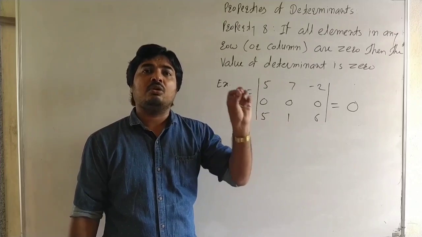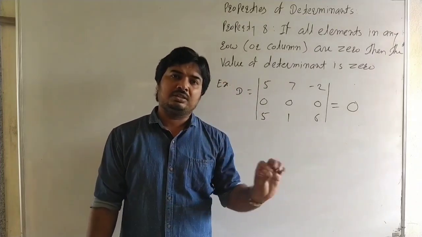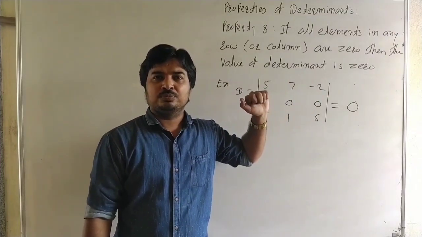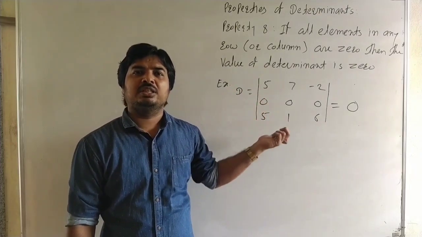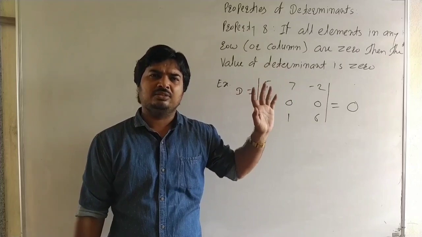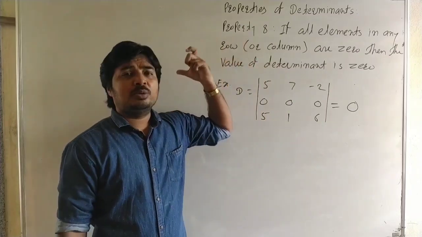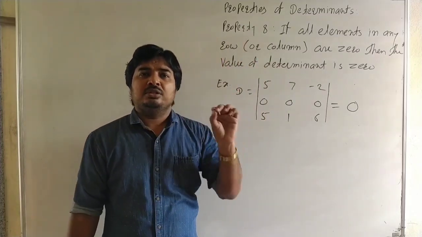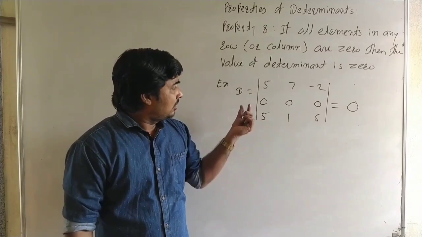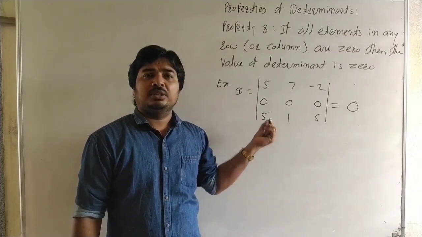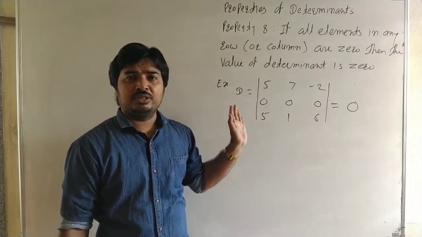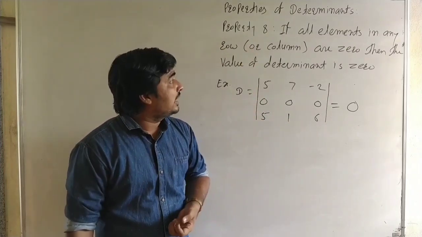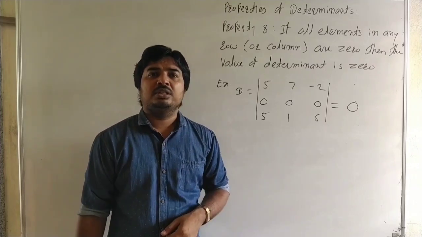If any 2 rows or any 2 columns are equal, then again the value of the determinant is 0. If any 2 rows or any 2 columns are interchanged, then the value of the determinant changes only in sign. There are 8 properties, and by using them, finding the values of determinants is very simple. Learn all the properties. We can see examples on these properties in the next lecture.